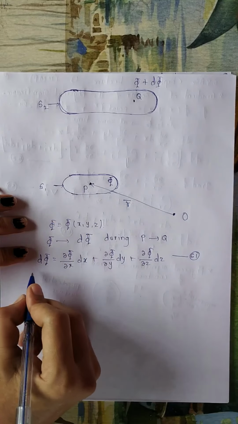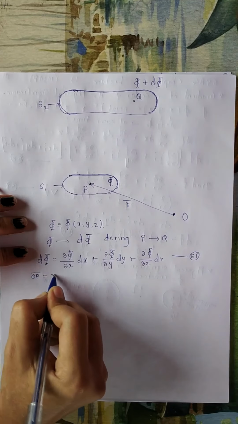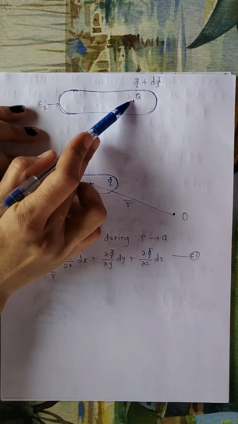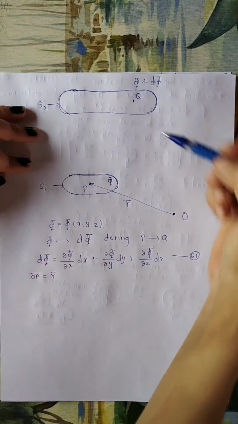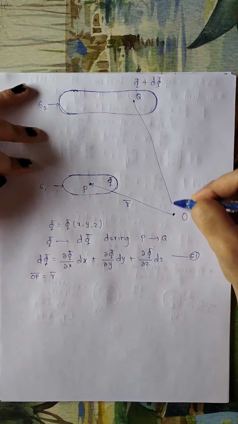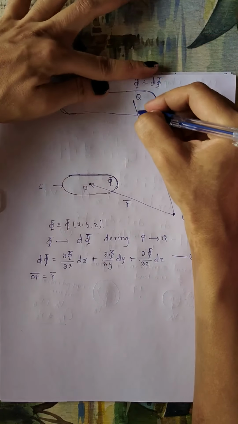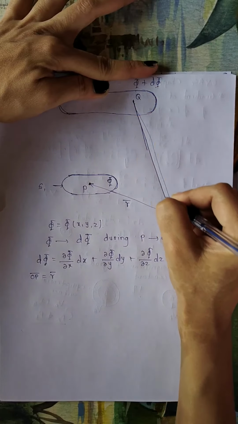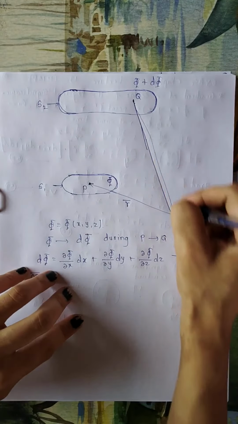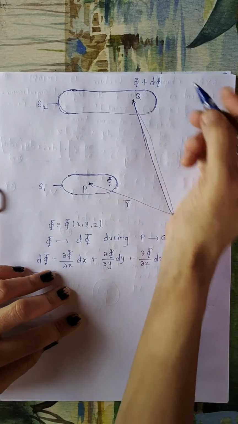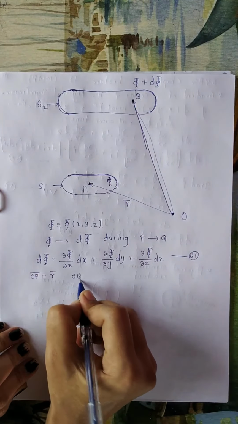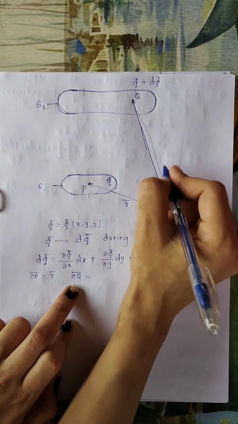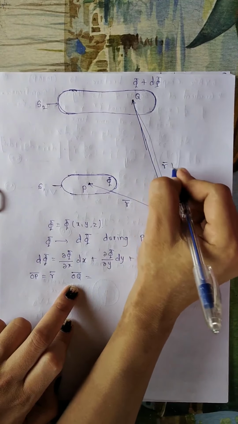So position vector of point P is OP bar, which is given by r bar, and for point Q, the vector joining point O and point Q. So if we draw this vector which joins point O and point Q, by mistake this line is drawn, please ignore this line. So if we join point O and Q, we will get the position vector of point Q, which is given by OQ bar, and this is given by r plus dr.